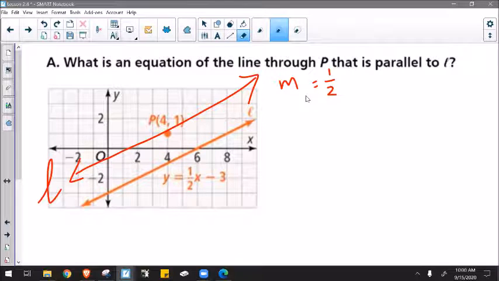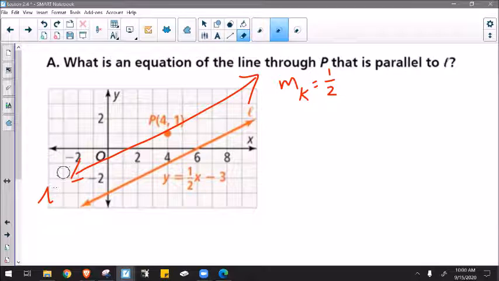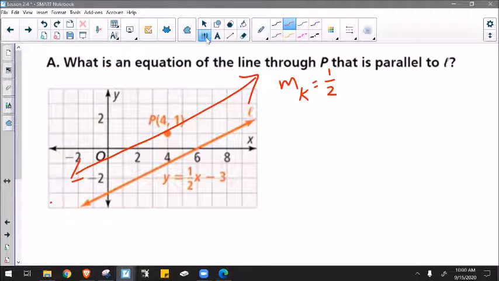Sorry, this shouldn't be line L. I need another letter. We'll use K. Line L is already being used. So it needs to be 1/2 because the slope of the original line is up 1 to the right 2.